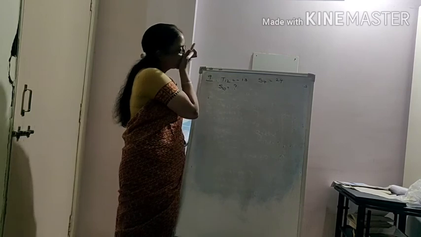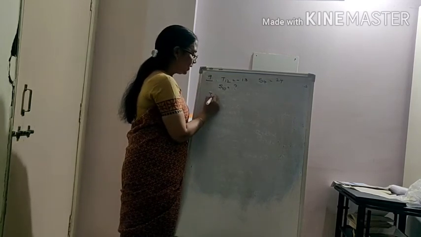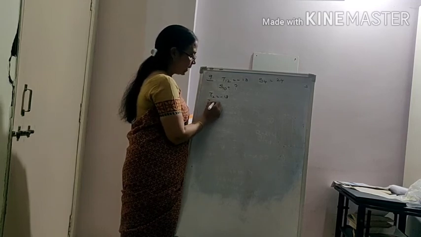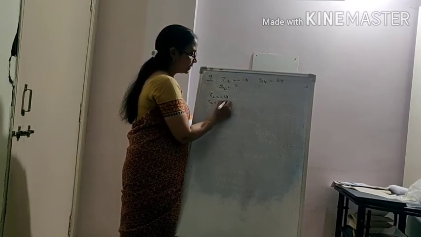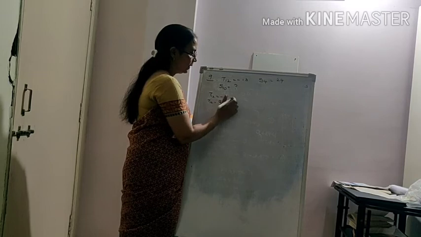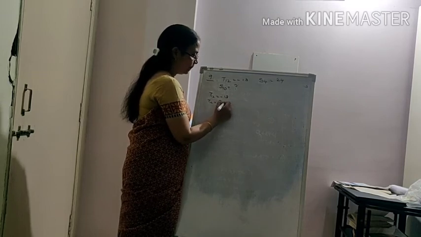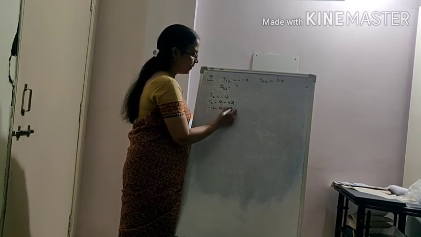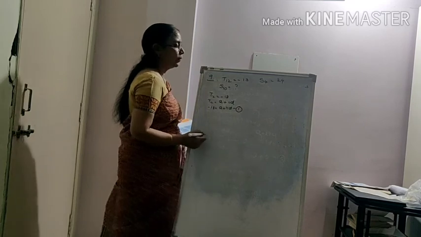Then T12 is minus 13. T12 can be written as A plus 11D. Minus 13 is equal to A plus 11D. This is what we can write.